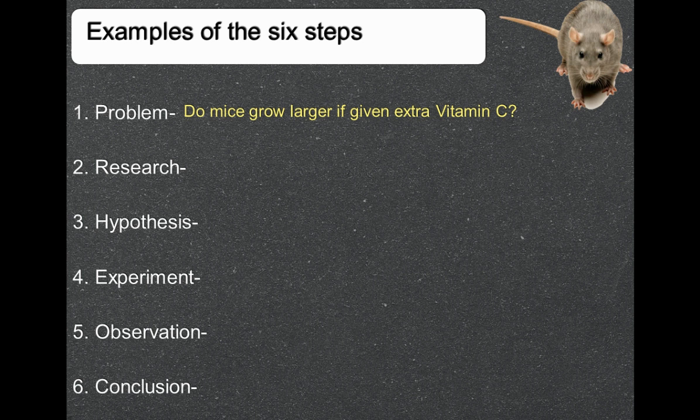What kind of research might I do before I can really get into this and set up the experiment? I need to know what mice need to survive. Okay, what foods contain vitamin C and how much? I probably want to know that.